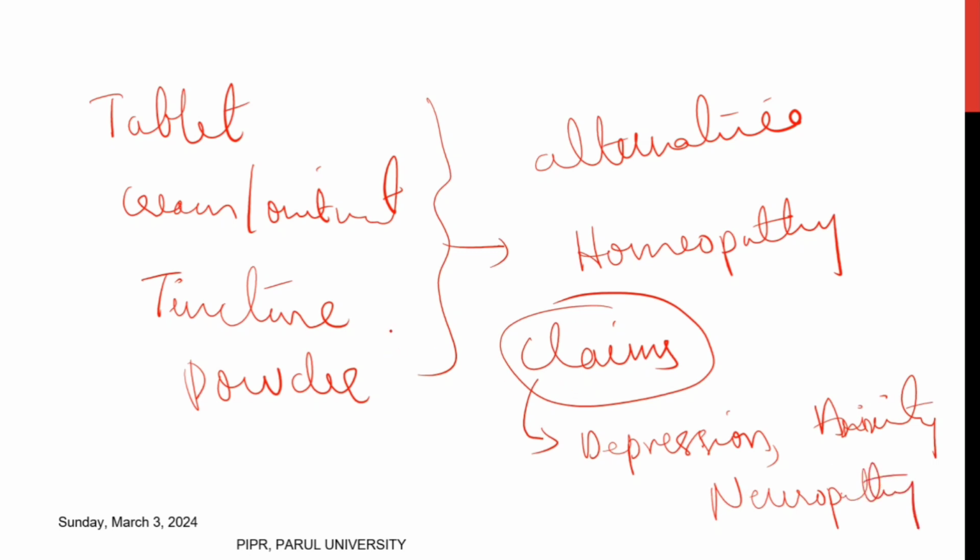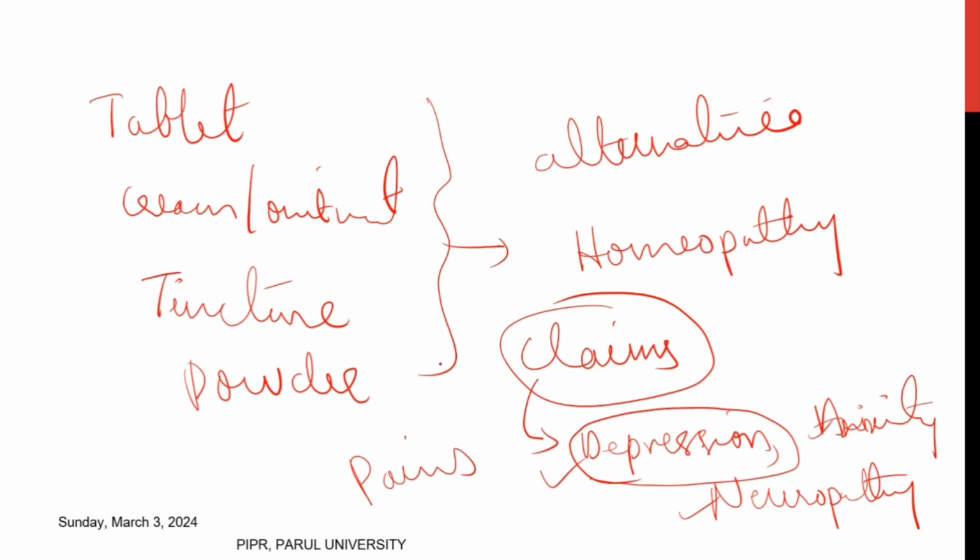It has certain claims that St. John's wort is used for depression, anxiety, neuropathy, and certain pains, and it is used for so many other disease conditions without any proof. And today, when allopathic medicine studied St. John's wort, it was observed that it can be used for depression. It has antidepressant activity, but this activity is not as useful as other effective drugs in the market. So despite having antidepressant activity, it has many other lethal consequences that we will discuss now.